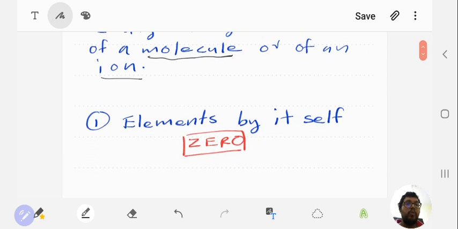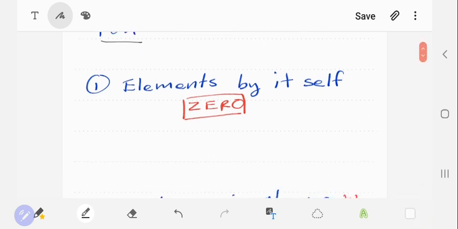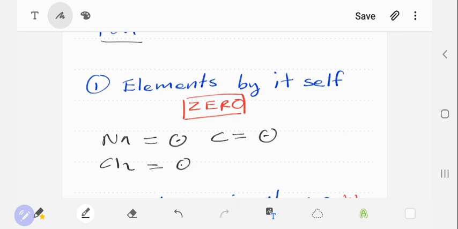Rule number 1: elements by themselves are 0. What is an element? First, take sodium. It is an element, so sodium is 0. Carbon itself is 0. Cl2 is also an element, so it is also 0.